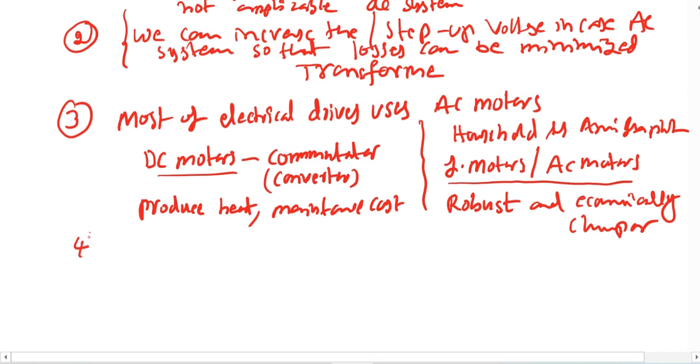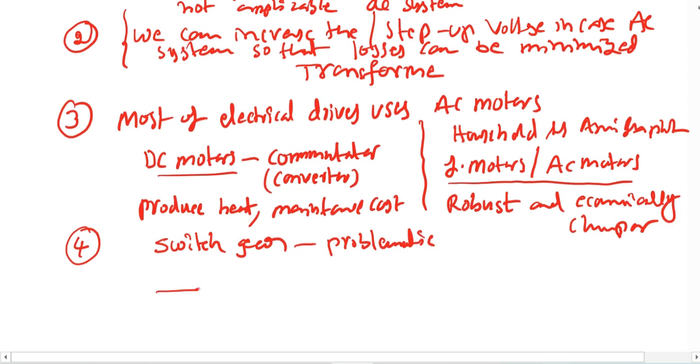The next drawback of the DC supply is that it is going to be problematic for your switchgears. What this means is, suppose I have a switch like this.